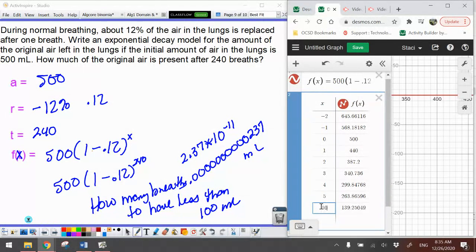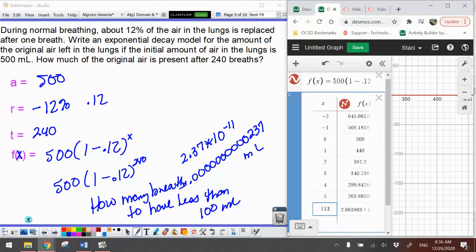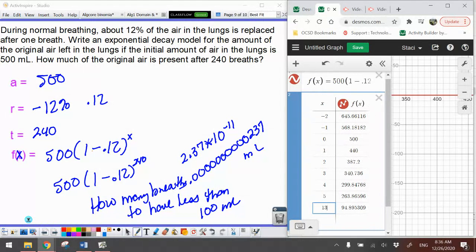I'm going to go up to 10 breaths: I have 139. I'm going to change that to a 15. That's too much. What about 11? That's 122. What about 12? So I'm between 12 and 13 breaths where I see that it hits less than 100 milliliters.